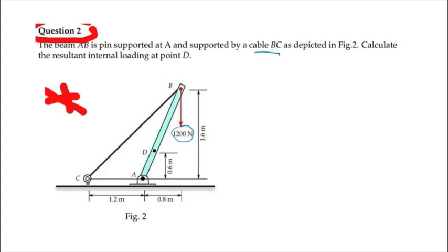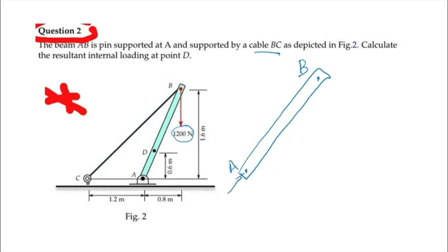And if you take a look at component AB, because there are only two pins that are connected to any loads outside AB, therefore AB is a two-force member. You have AB at point A and point B. They are two-force members, therefore we know the direction of the force.